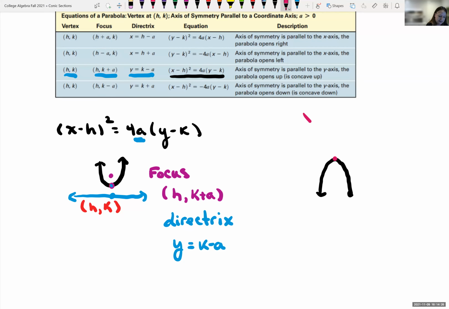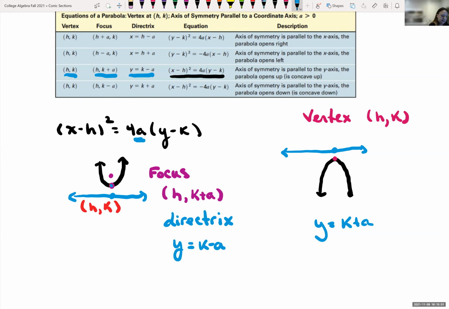The vertex again is (h, k). The parabola is always facing away from the directrix. And so if I was looking at this line again, the line is y equals. We're going up from our k value to get to here. So it is going to be k plus a is going to be the directrix line.